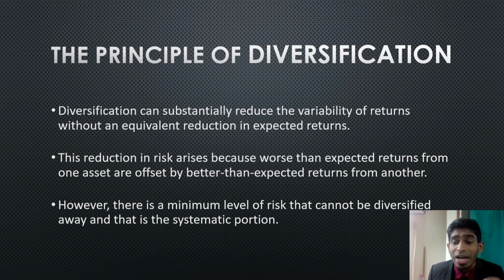Okay, pengurangan risiko ini timbul kerana pulangan yang lebih buruk daripada jangkaan daripada satu aset diimbangi oleh pulangan yang lebih baik daripada jangkaan daripada yang lain. Okay, however, there is a minimal level of risk that cannot be diversified away, that is the systematic portion.